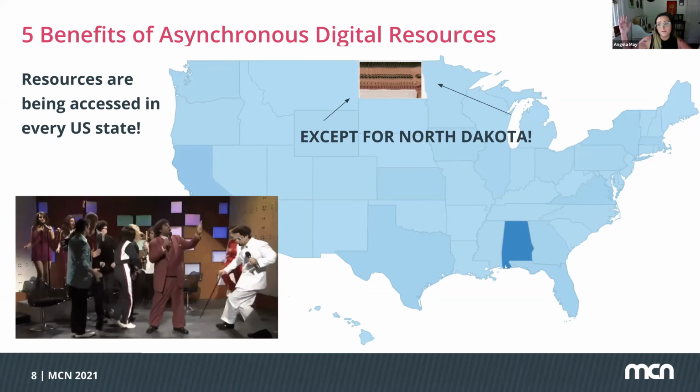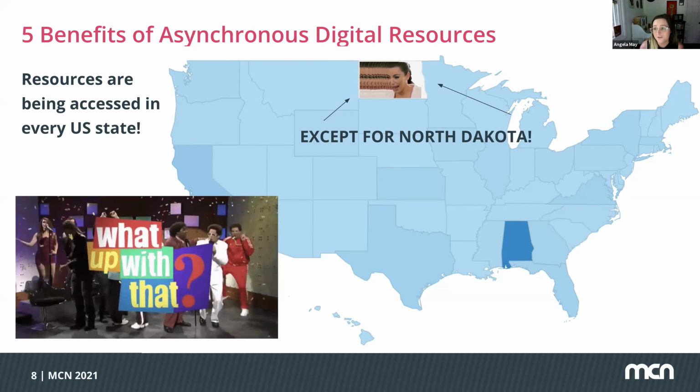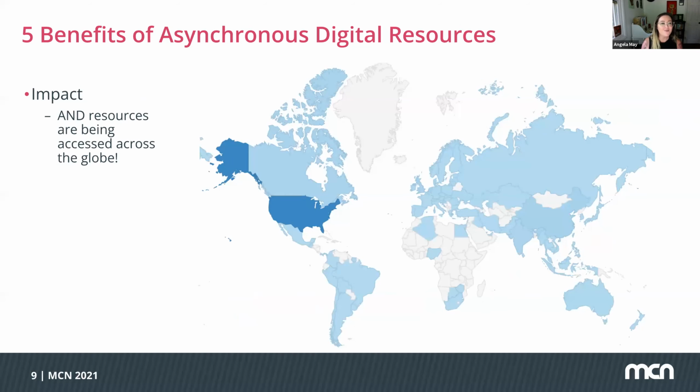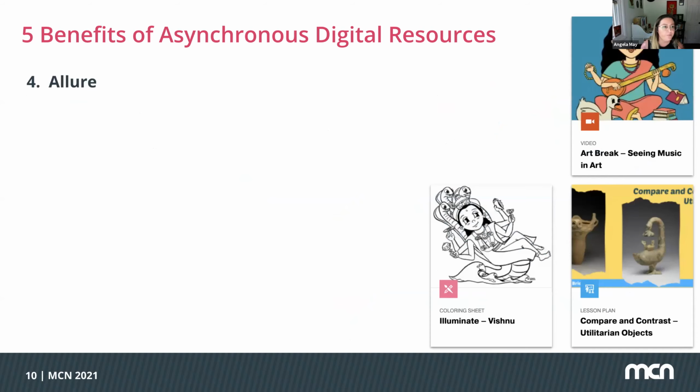What's up with that, North Dakota? Too cool for Culture Bridge? But also resources are being accessed across the globe. And that's really exciting to see how far your institution's impact can reach, especially with Culture Bridge only being open for 1 year.